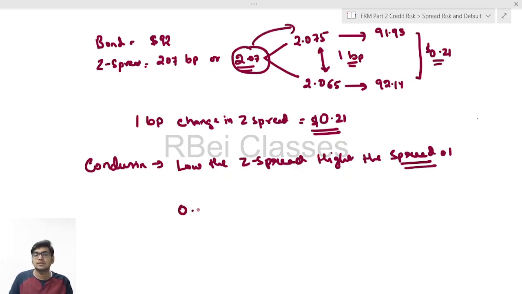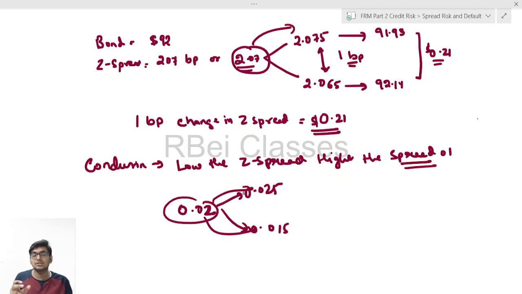But suppose the spread was only, say, 0.02. You increase 1 basis point, it becomes 0.025 and 0.015. So you see there is a huge change, percentage-wise. Because of this, when the Z spread is lower, the spread 01 is higher.